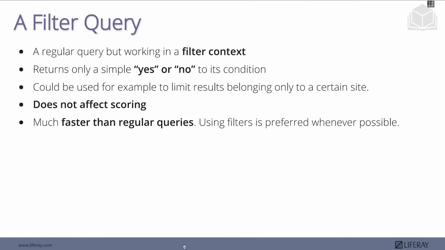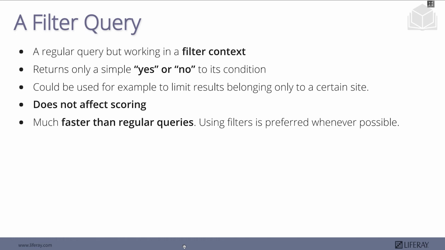Filter queries in this situation are just kind of like regular queries, but they work in a filter context. The idea here is we're asking specific yes or no questions, right? If it meets this condition, yes. If it doesn't, no. So this could be used, for example, to filter out a number of results from a specific site, right? When we're dealing with search results, there is a score behind the scenes.